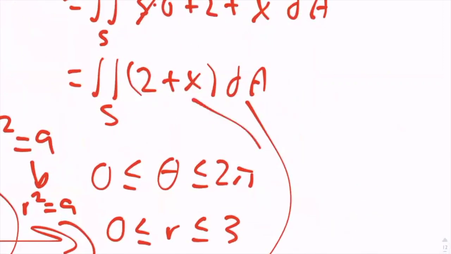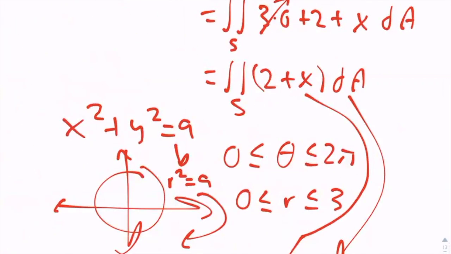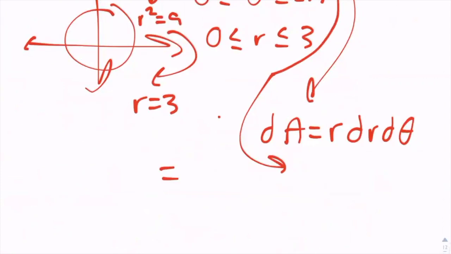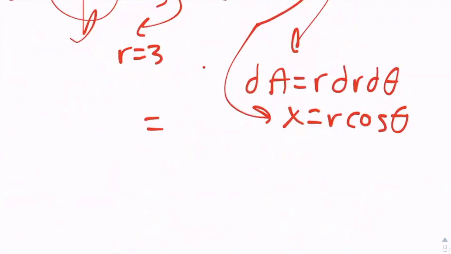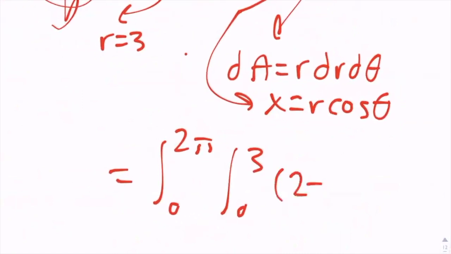And we also know that here in our situation, x is equal to r cosine theta. So when we plug everything in and simplify, we're going to get theta goes from 0 to 2 pi, r goes from 0 to 3, of 2 minus r cosine theta, r dr d theta.